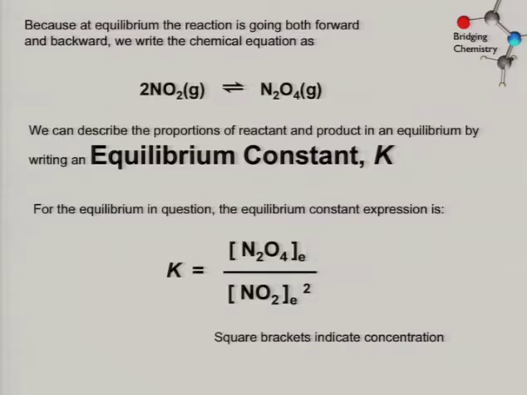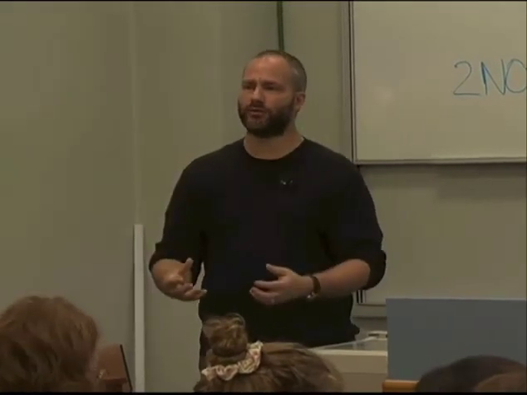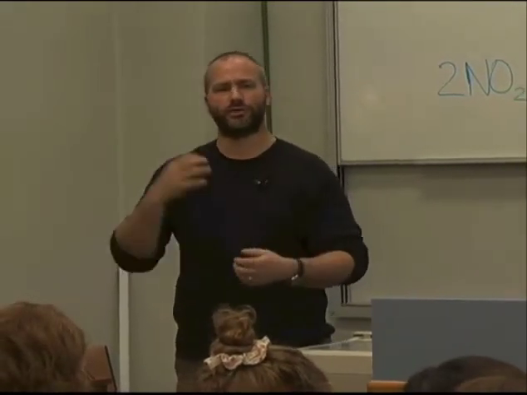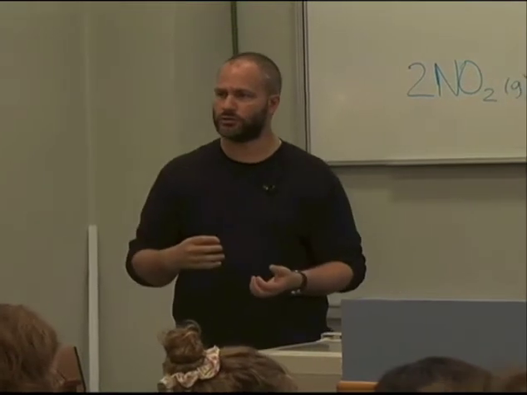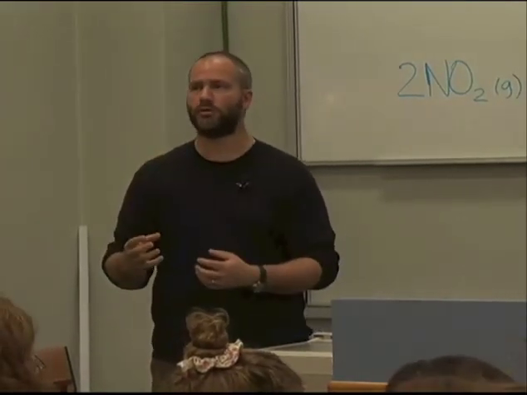But that number is equal to the ratio of the concentrations of your reactants and products when the reaction reaches equilibrium. Right? So you have your NO2 and you do the reaction and it starts turning into N2O4, and then at some point it reaches equilibrium and the concentrations of NO2 and N2O4 no longer change. The reactions are still happening, but the concentrations don't change anymore.